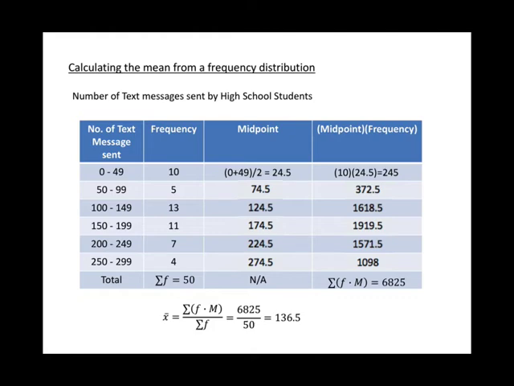So far we have learned how to find the mean, the median, the mode, and the mid-range, and also how to find the mean from a frequency distribution. Actually, we could use the calculator to take care of those calculations.